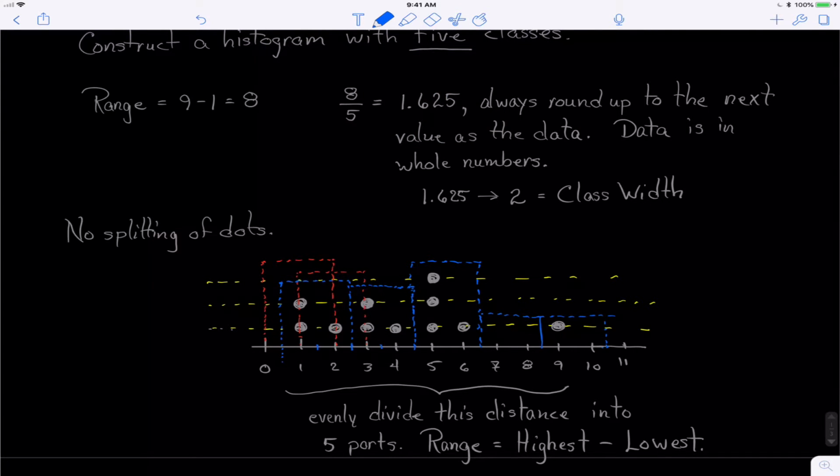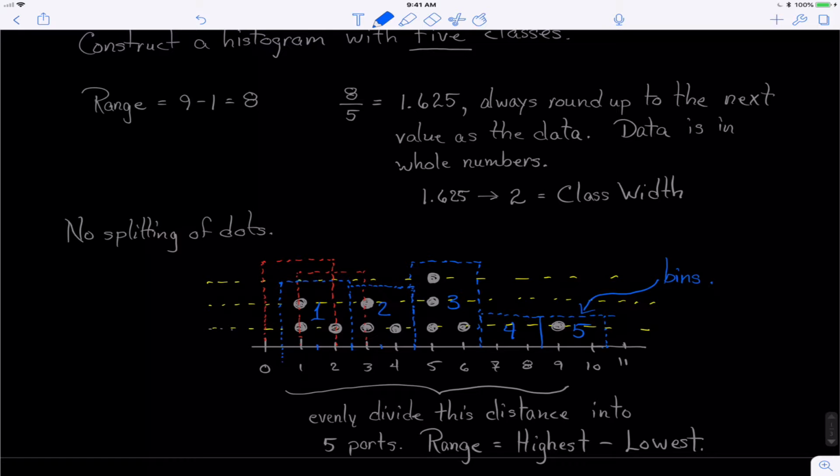And so there. Now I have divided my data into 1, 2, 3, 4, 5 equal groups. We call these bins. So we have 5 equal bins.